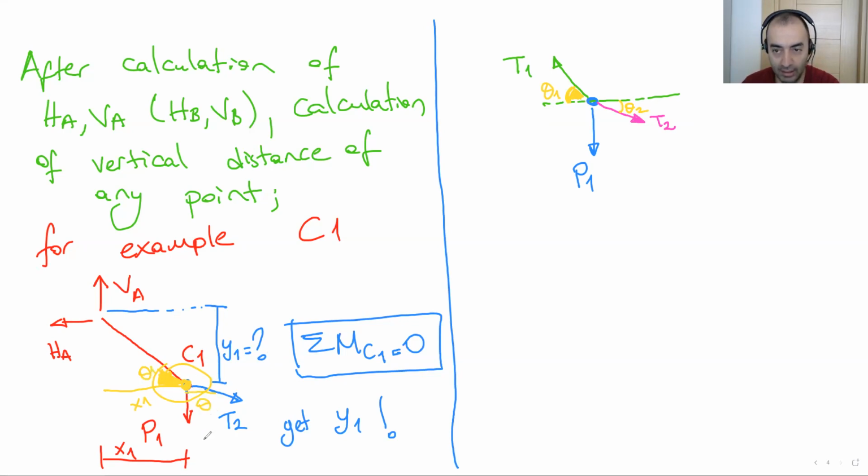If I know the thetas, I can calculate the tension forces, T1 and T3. At the end of the day, we don't have any moment at this point. To calculate T1 or T2, I don't need any moment equation. I can write directly total X 0, total Y 0.